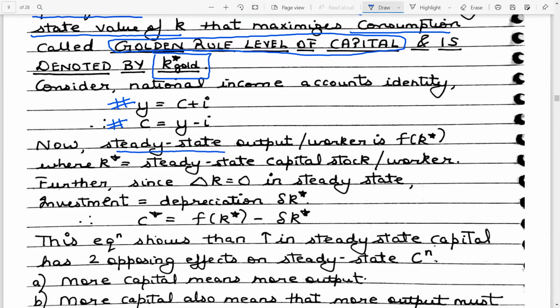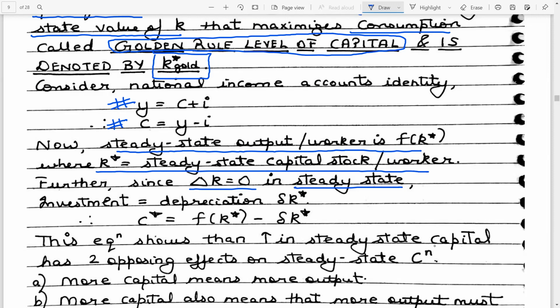Now the steady state output per worker is f of k star. K star is the steady state level of capital stock per worker. Further, we know that in the steady state, delta k is equal to 0. Change in k is equal to 0 in the steady state. So investment is equal to depreciation. Okay. So guys, what is c star now?